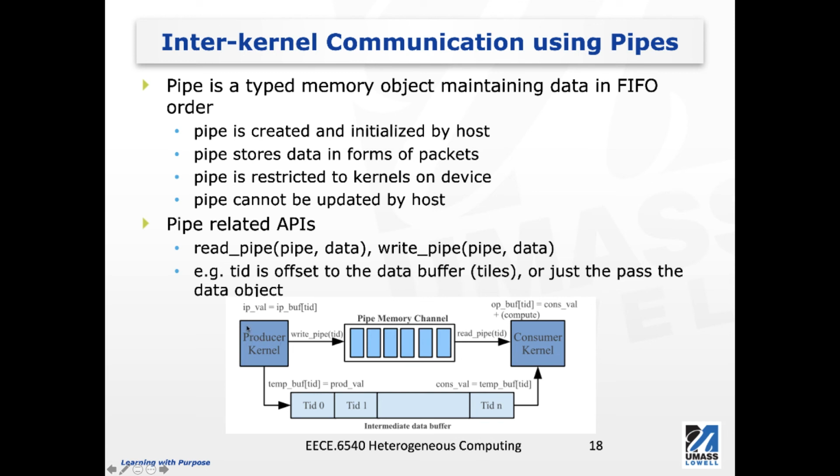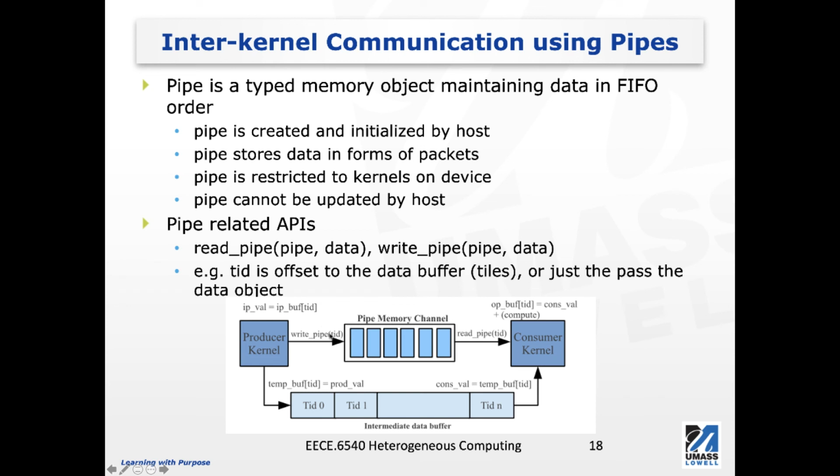For example, in this diagram, we show a pipe memory channel that connects a producer kernel to a consumer kernel. And we have an intermediate data buffer that could be in global memory. What we send through the pipe is the offset to the data buffer, called the tiles.